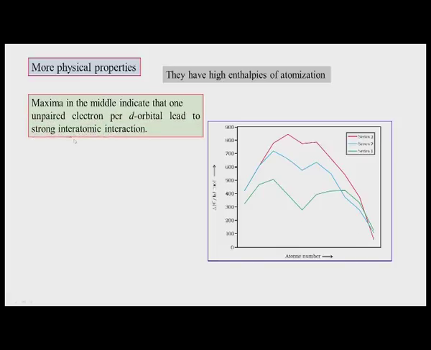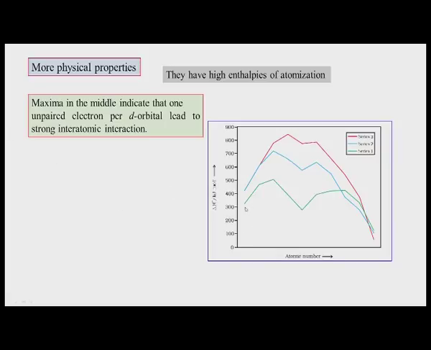So, where we get that maximum in the middle of the series indicates that one unpaired electron per d orbital leads to strong interatomic interaction. Once we start from a d0 system, here we have no d electron, then we get a d1 system, this is the d2 system, this is the d4 system, this is the d5 system at the bottom.